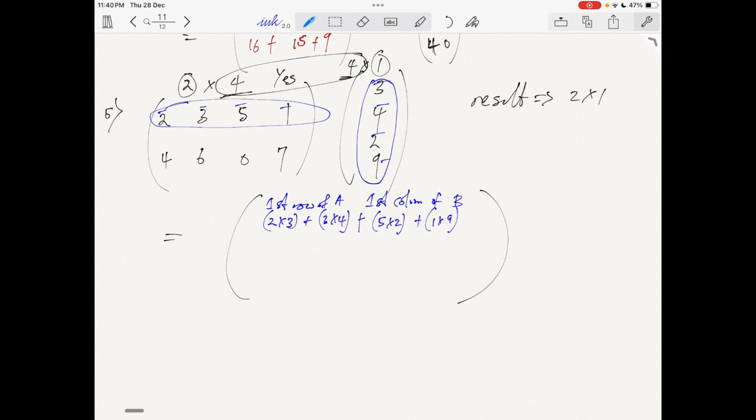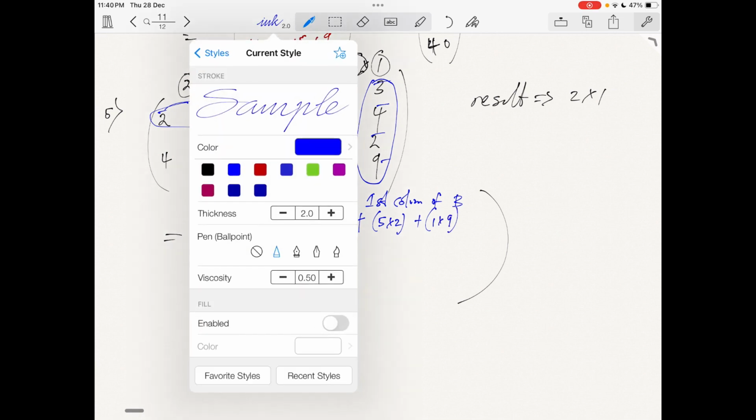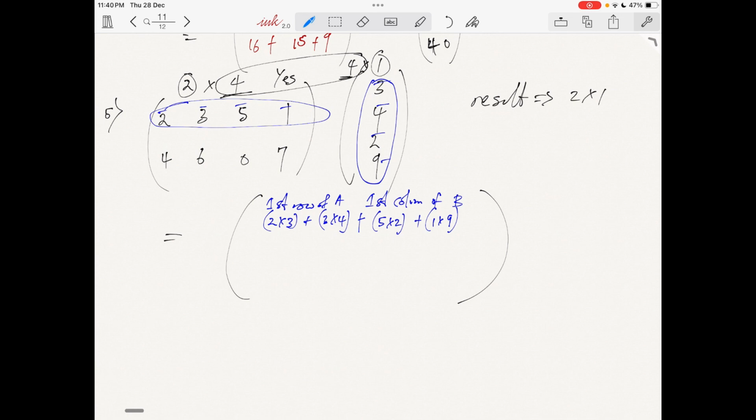Now the next we'll consider, since we are talking about a 2 by 1 matrix, we have 2 rows and a single column.